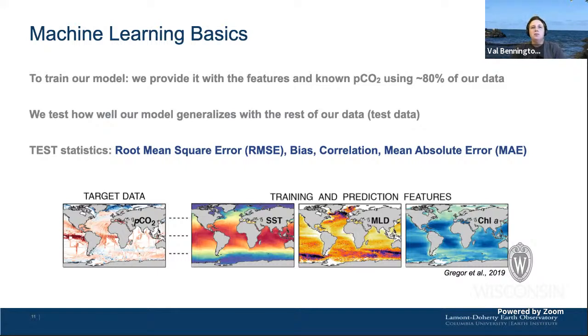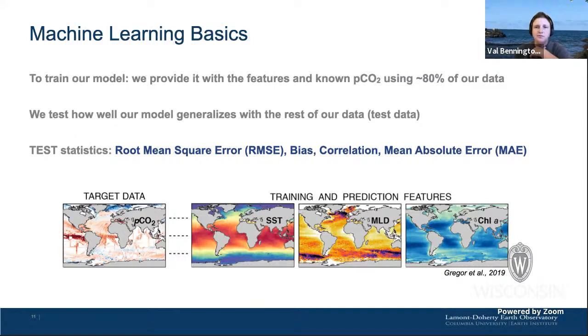And the remaining portion, the other 20% we did not use to build our model, we used to test how well that model generalizes to other data. So how well does that generalize to the data that the model has not seen yet? And we do this with test statistics. So root mean square error, bias, the correlation between the two, and the mean of the absolute value of the error.